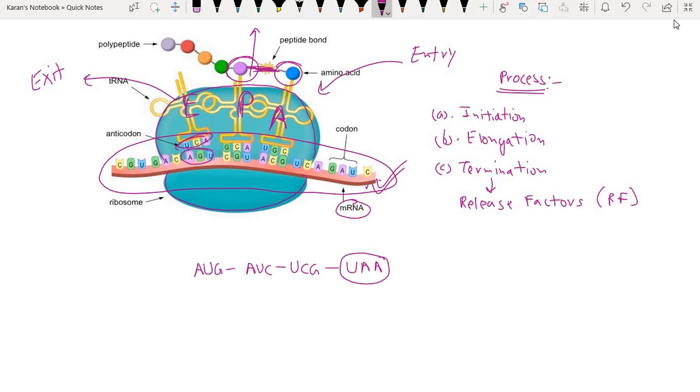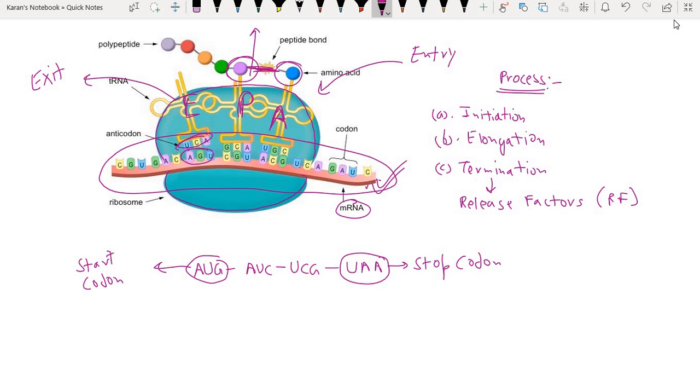This UAA is the stop codon, so it will terminate the whole process. And this AUG is the start codon, the initiator codon. We can call it the start codon as well, though it codes for the amino acid methionine also.